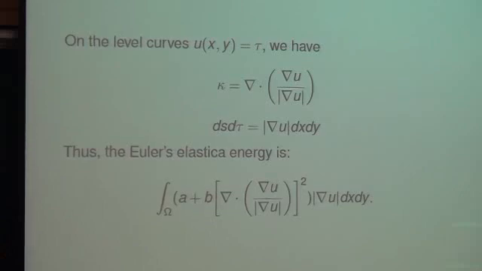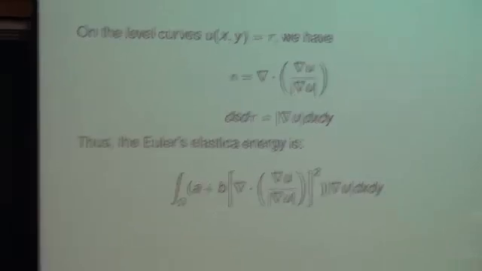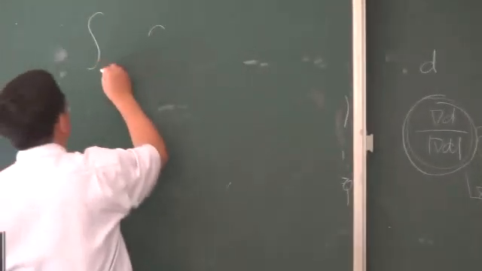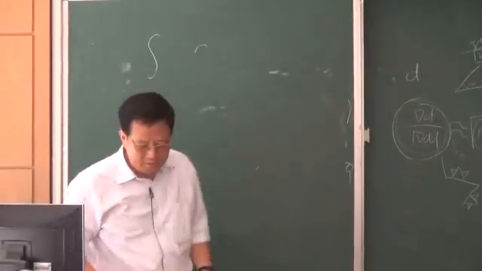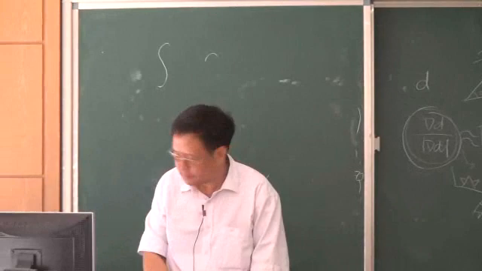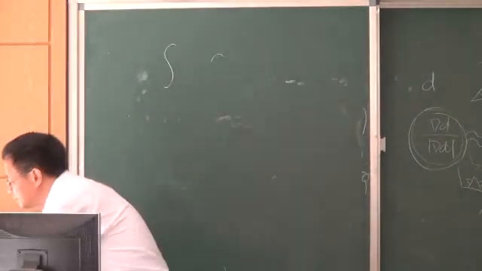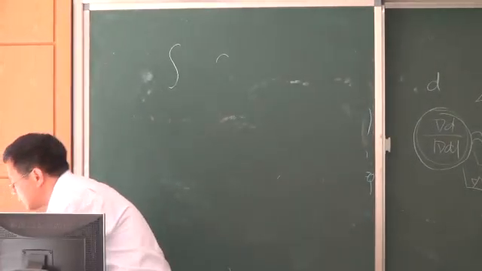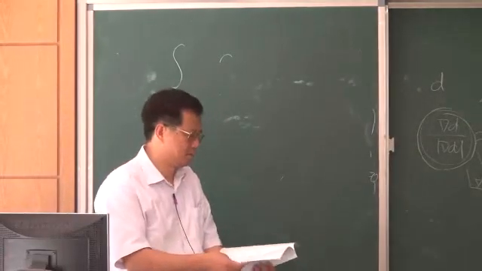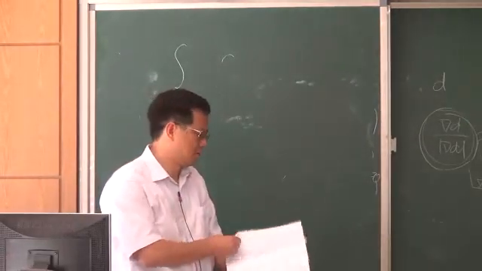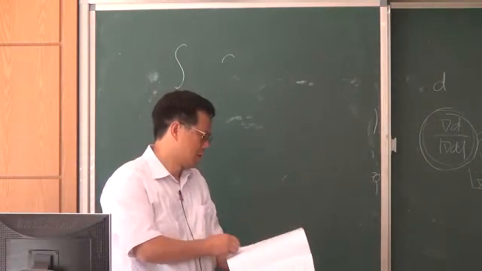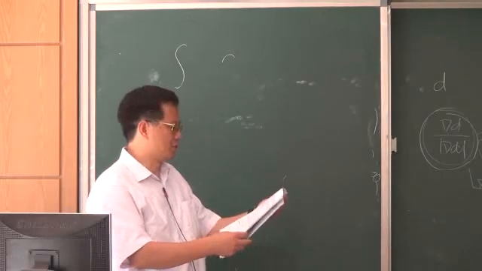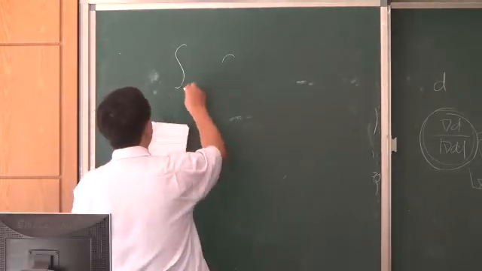So therefore, the co-area formula for 2D functions is essentially, I have a co-area formula somewhere there. So this is the so-called co-area formula.